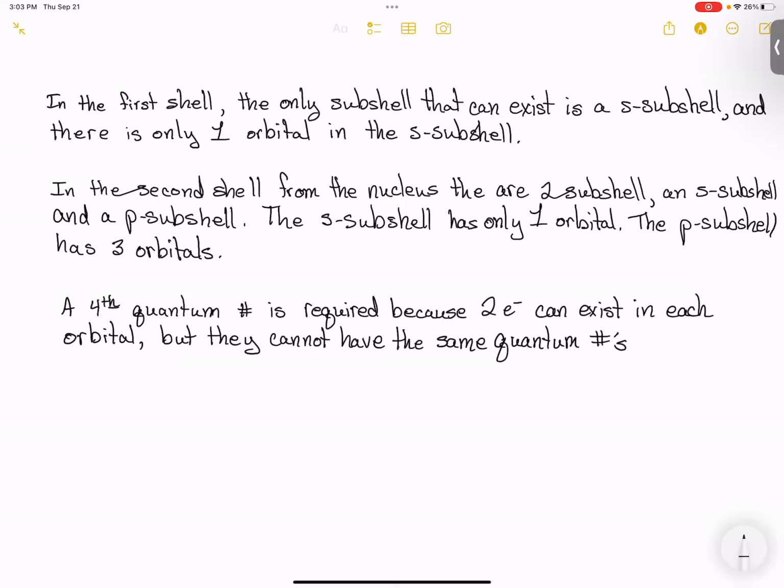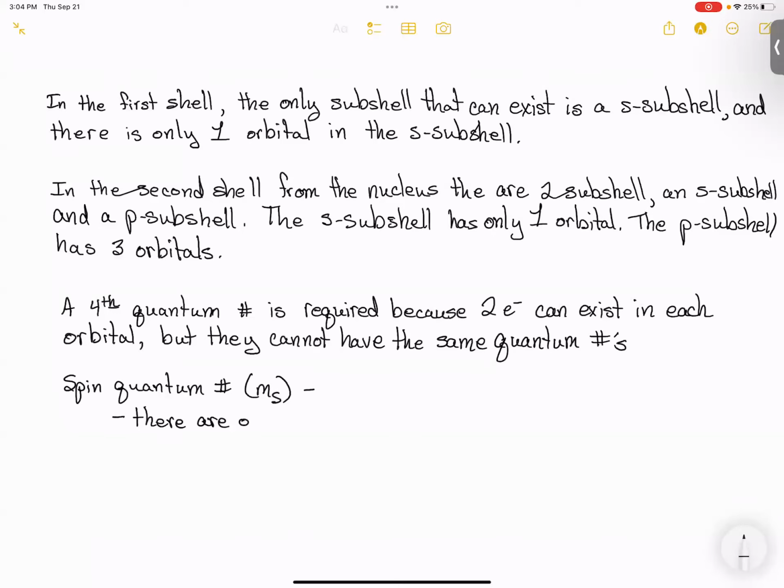So we have a 4th quantum number, and that quantum number is called the spin quantum number, which is represented with an M sub S. There are only 2 possible values, and those are a +1/2 or a -1/2.